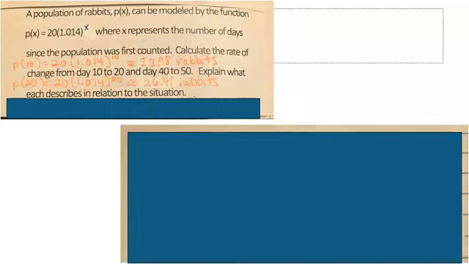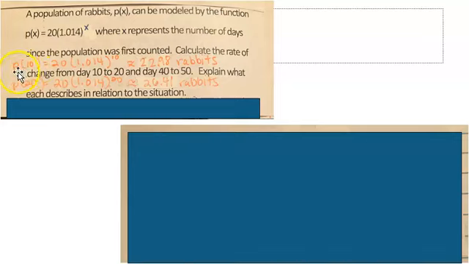And then we want to explain what each of these represent in relation to the situation. So we talked about in class, when you're not given the y value, but you're given the formula, you can go ahead and plug in the x values that you need. So from day 10 to day 20, this will be my a and my b, or my x1 and my x2. I'll plug this into my calculator, so 10 will replace x. Since this is an exponent, I'm going to use the caret key on my calculator, which is right above the divide symbol.